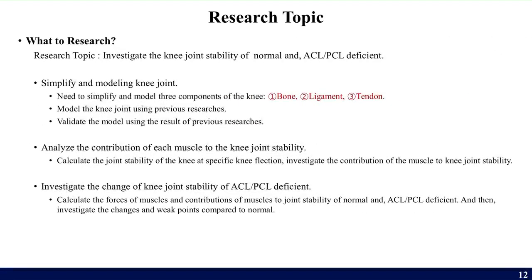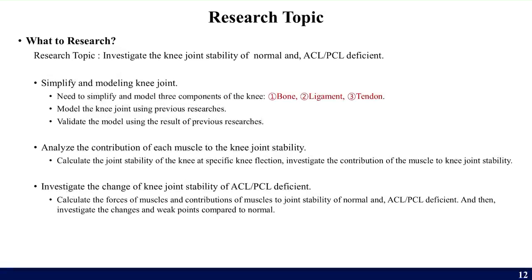So my main topic is to investigate the knee joint stability of normal and ACL PCL deficient, and here are the procedures of my investigation. At first, I need to simplify and model the knee joint. And there are three compartments, and first is bone, the second is ligament, and third is tendon.